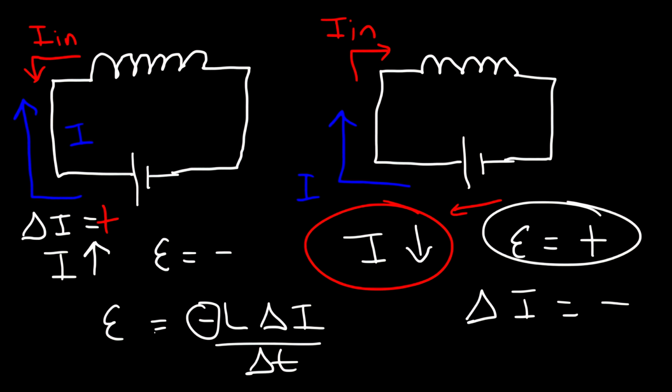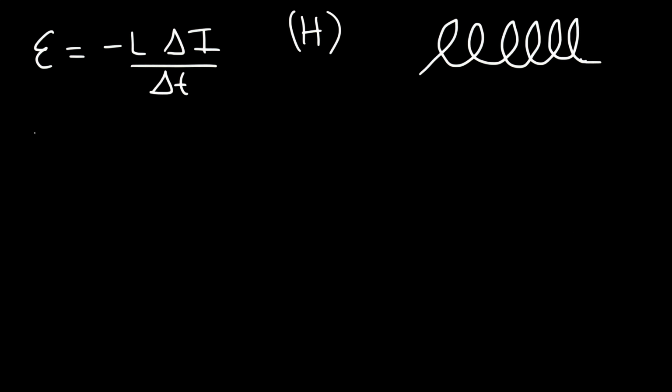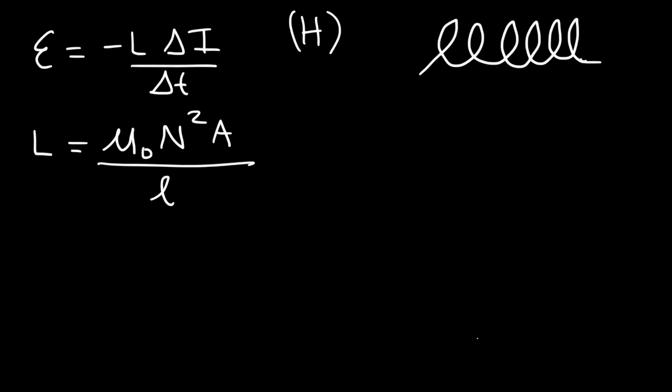Now sometimes you may need to calculate L in this equation. So what exactly is L? L is the inductance, which is measured in units of henries, or capital H. And to calculate the inductance of a solenoid, here's the equation that you can use. L is equal to mu 0 times N squared times A divided by l. Mu 0 is the permeability of free space. It's 4 pi times 10 to the minus 7.